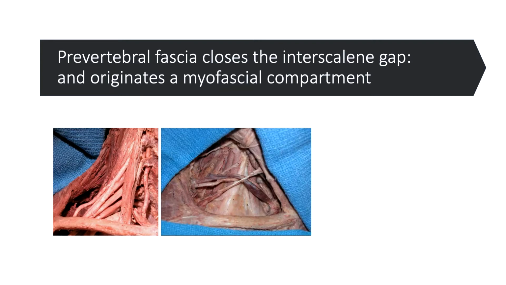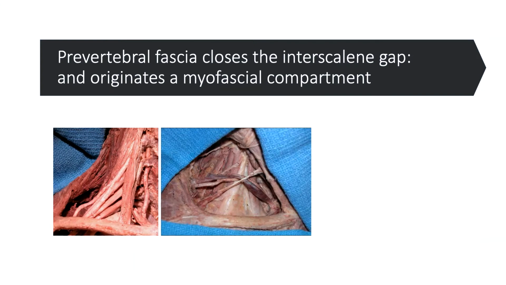These are the suprascapular vessels, and this is the omohyoid here that has been abused and pulled up. But the idea I'm trying to show here is that there is a triangular space, and the gap is closed by this fascia.